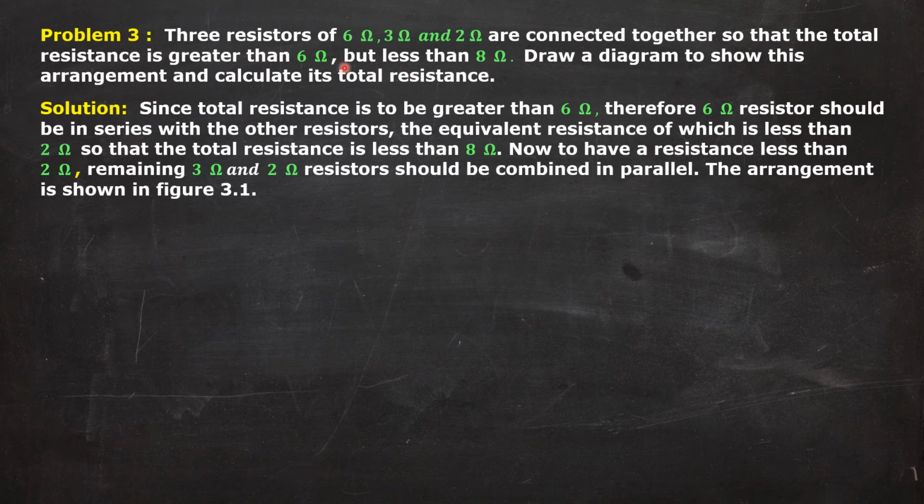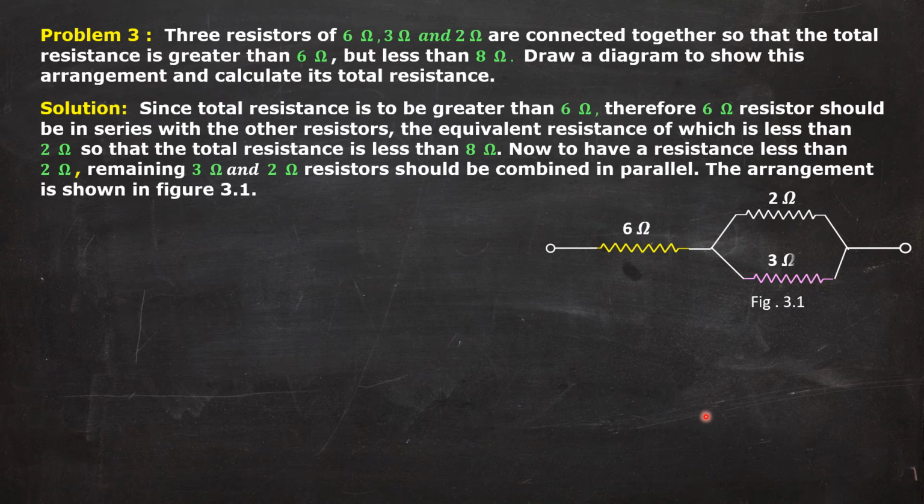In order to get this, we have to connect these 3 resistors in this manner. You see here, 6 ohms, 2 ohms and 3 ohms. So the 6 ohm resistor should be connected in series with the 2 ohm and 3 ohm resistors, whereas the 2 ohm and 3 ohm resistors must be connected in parallel, because the total resistance should be less than 8 ohms also.